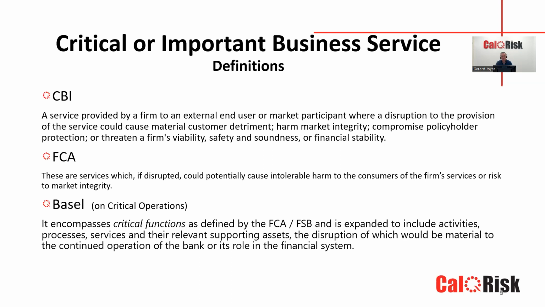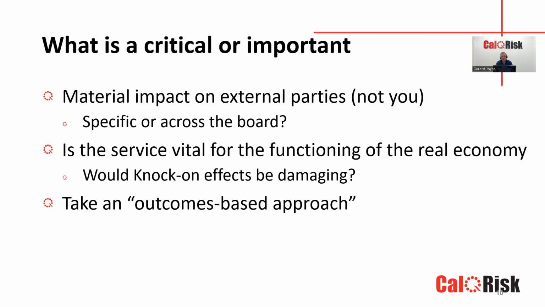Now, certainly the regulator will want you to consider that, and if you wanted a small number of services from this, trying to identify the critical ones, you probably all have a smaller number than what you might consider critical. I think this is the number one question that people ask: what is critical or important? My reading, from the regulator's point of view, is the material impact on external parties, on the other players in the market.